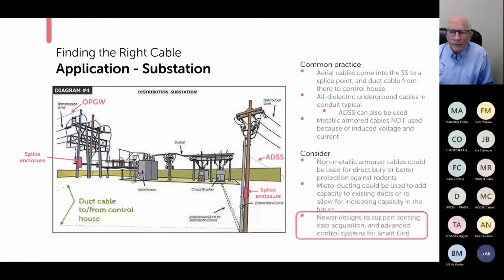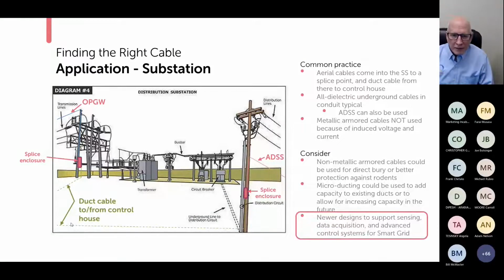So those duct type cables that you're using within the substation, any of the ones that we've talked about, to include ADSS itself, could be used. So you could come into a substation with an ADSS, go to a splice enclosure maybe to facilitate maintenance, but then run the same ADSS underground to get to your control house.